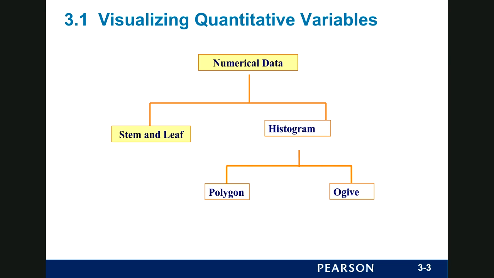In order to do the histogram, you have to first create a frequency distribution table. Based off the histogram, you can create a polygon. Then you create a second table, which is a cumulative percentage frequency table, and you create an ogive. That's what's required for your Excel assignment.